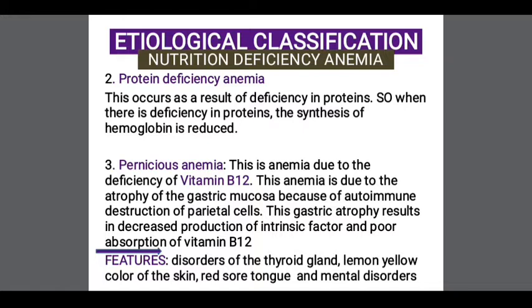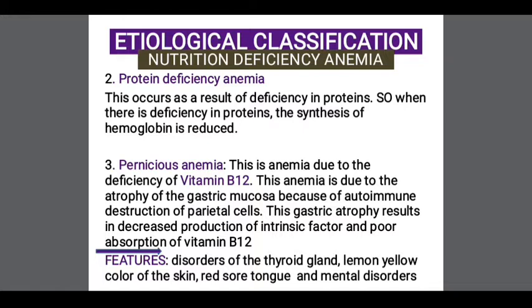Now vitamin B12, before it can act on our body, needs to be absorbed with the help of this intrinsic factor from the gastric mucosa. So when there is atrophy of the gastric mucosa, the intrinsic factor will not be produced properly, and this will lead to poor absorption of vitamin B12.